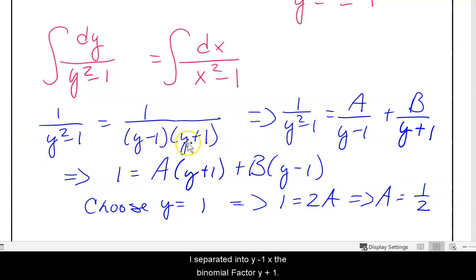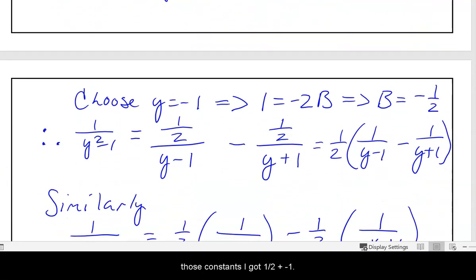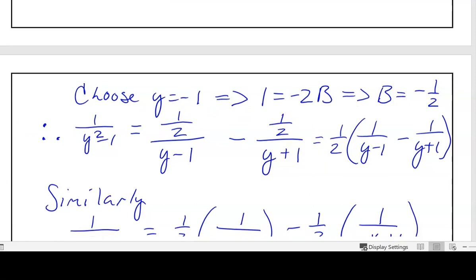I separated it into y minus 1 times the binomial factor y plus 1. I then chose to let y equal 1 and then y equal negative 1 to find those constants. I got 1/2 and negative 1/2. You can write the 1/2 in the numerator, but you can also pull it to the front or pull it out completely, since they're both multiples of 1/2, one being positive 1/2, the other negative 1/2.